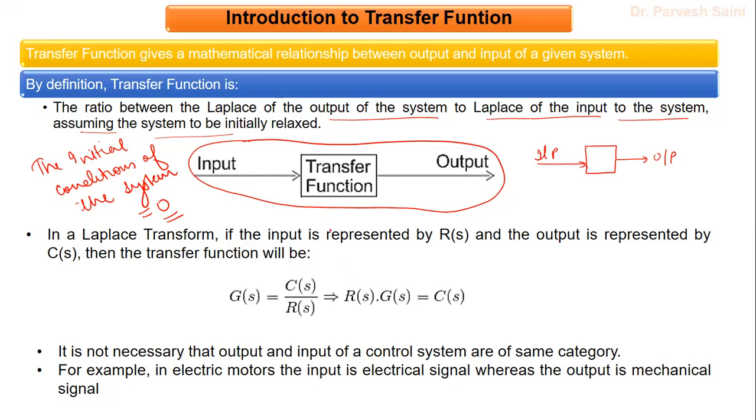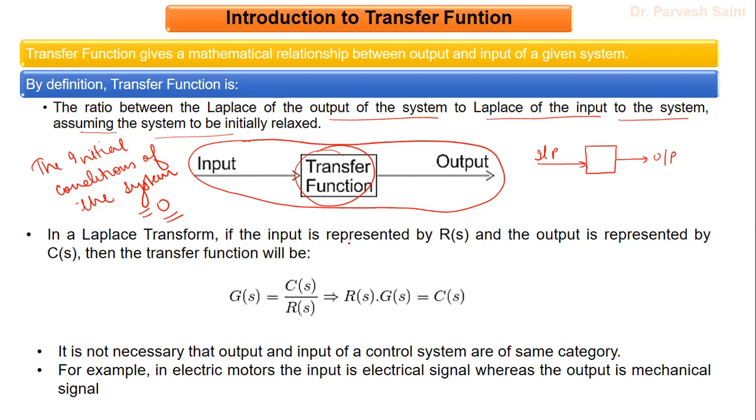As you can see here, this is a simple block, and it has an input and output. So this block gives the transfer function of the system, right? There are certain representation notations. However, there is no thumb rule for this. We can take any notation. However, if we take notations on our own, then we need to specify their meanings.